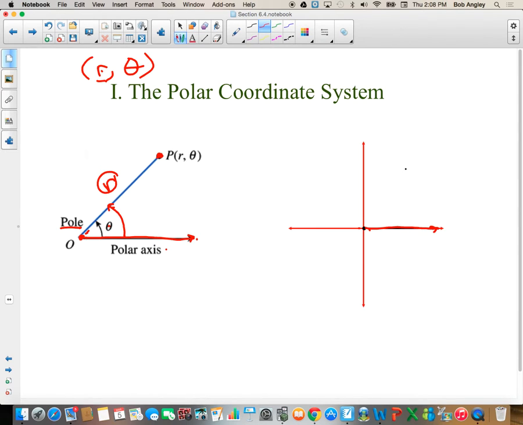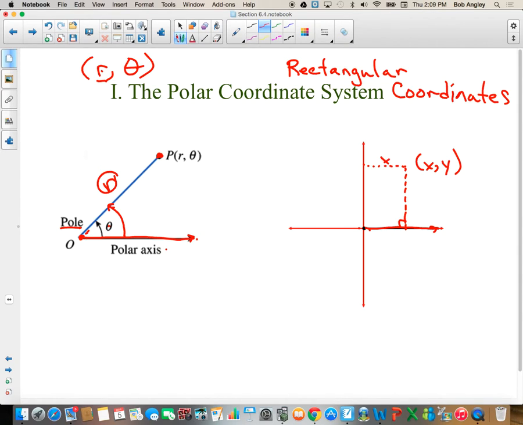Now contrast that to graphing a point in a plane. We have a point here. It can have coordinates that are x and y. Every time you see the x and the y, we refer to those as rectangular coordinates. The reason is that we got those numbers by dropping a perpendicular from here and a perpendicular from here, and this number was x and that number was y, but it makes this little rectangle.